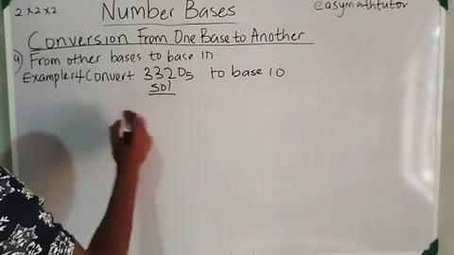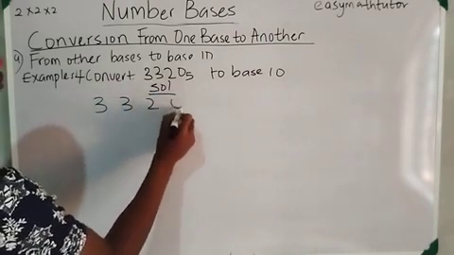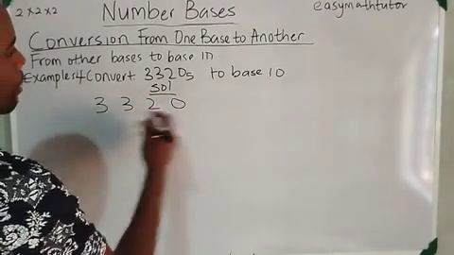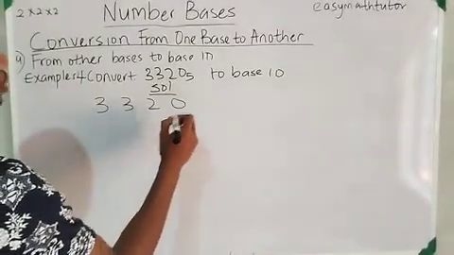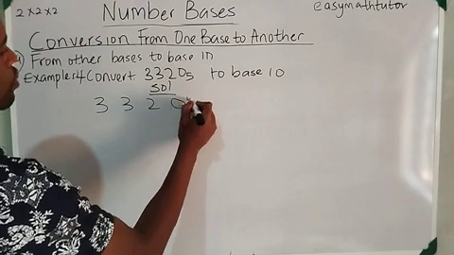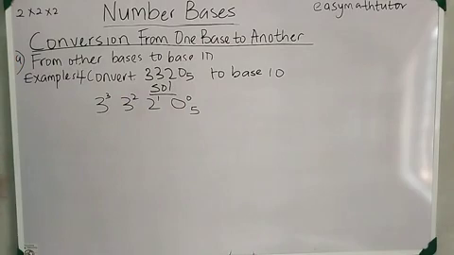What is the first step? We write out all the numbers. 3,320. The next step is to give them powers. As usual, don't forget to write the base. So we're going to give this a power of 0, 1, 2, and 3.